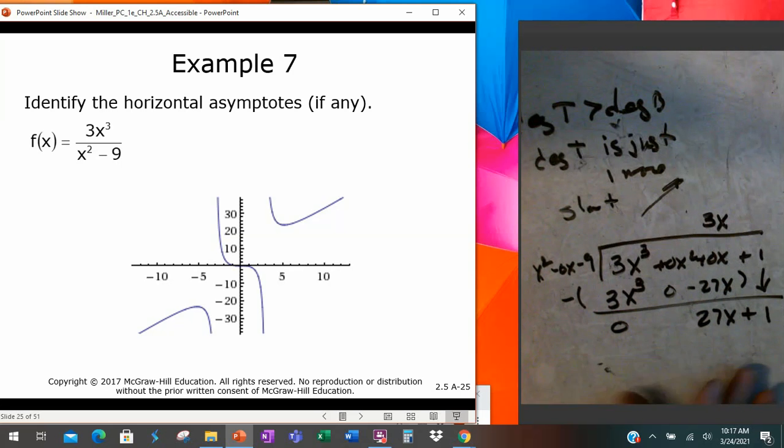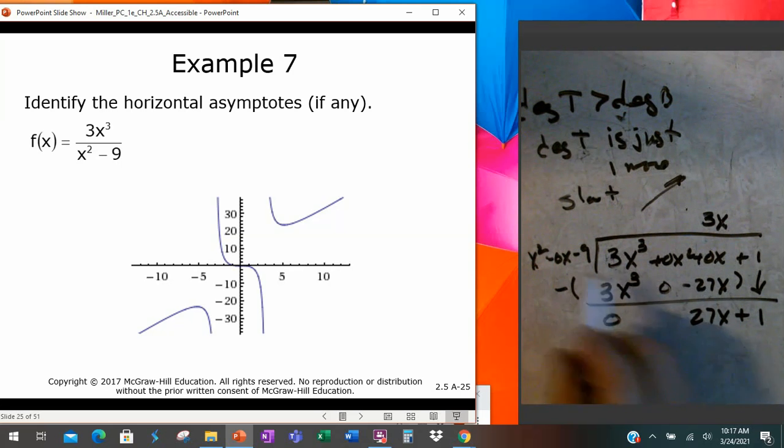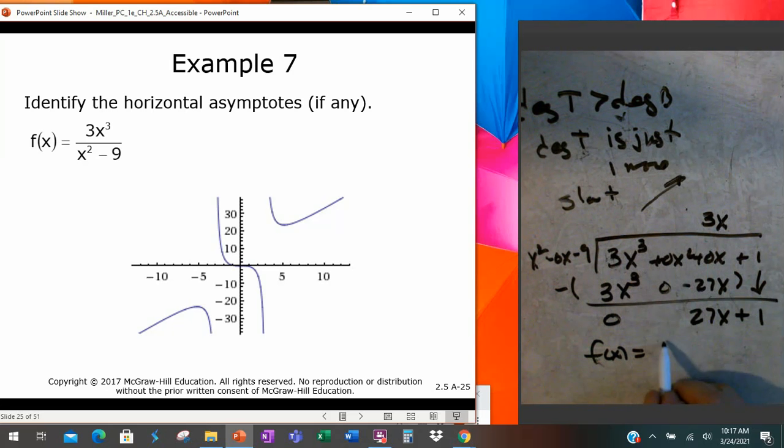So if I rewrite this function, the function looks like, here's my whole part, 3x, plus my remainder over this. And now, doing that horizontal asymptote of this part, this goes to 0.